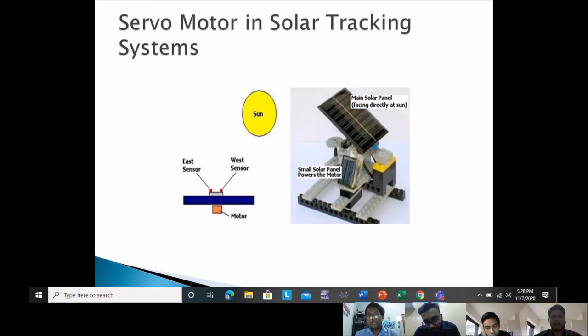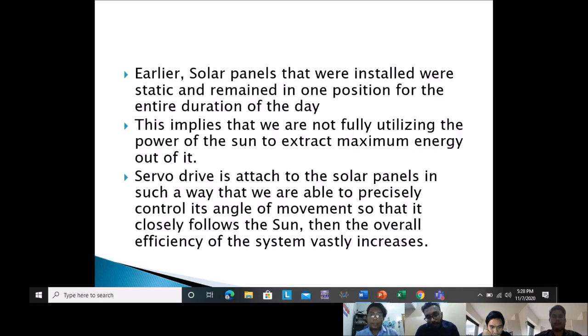You can see the right picture. The small solar panel is in the middle, I mean, it's at the bottom, and the main solar panel is on top. It should be facing directly to the sun. Okay. Next.